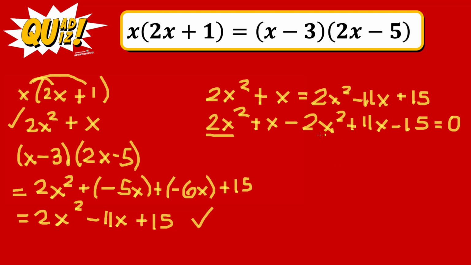You will have 2x squared minus 2x squared with the same literal coefficients, so that becomes 0. You have x plus 11x, you will have 12x, and then minus 15 equal to 0. So this is the result when we try to come up with the standard form.